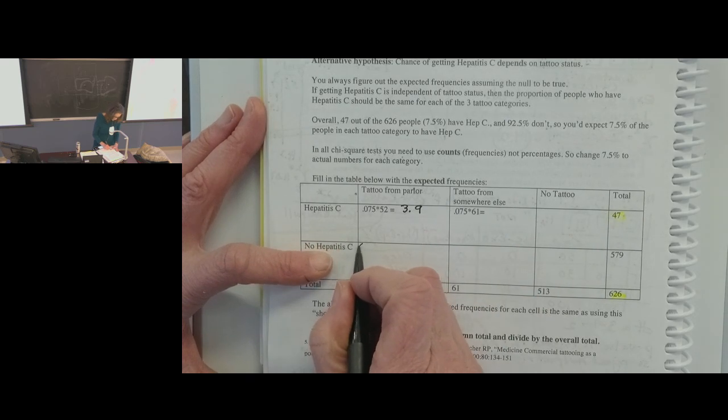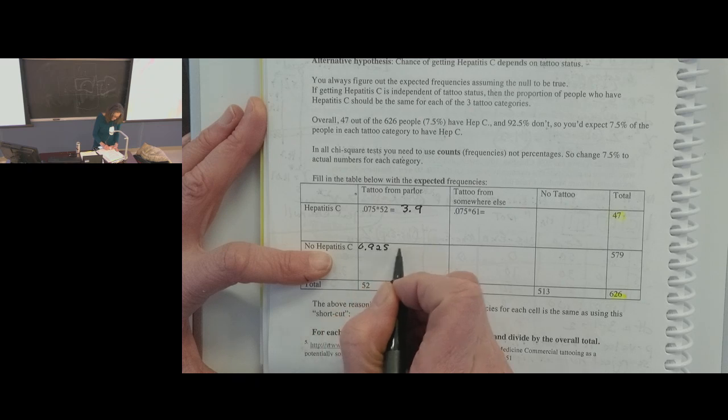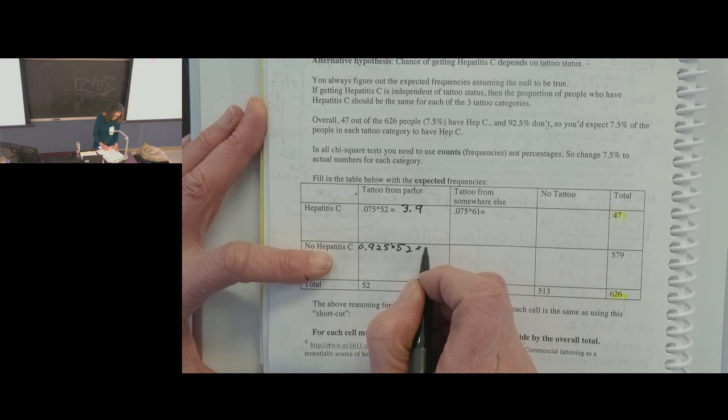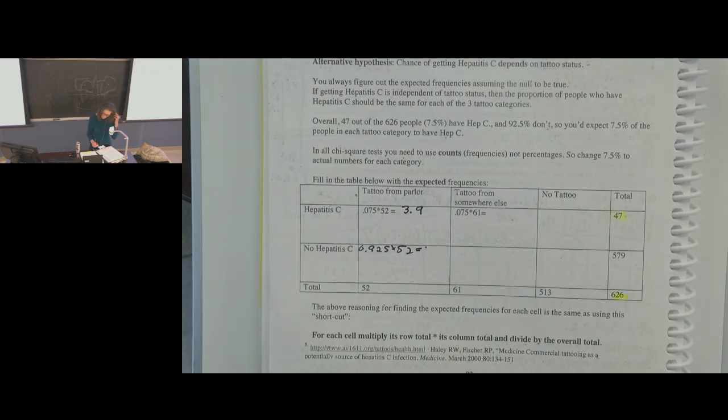And if we did 92.5% times the 52, that would be, is that right? No, I did the math wrong here, I think. Hold up.